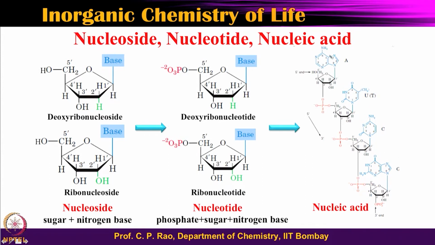We do not call this a side chain in DNA terminology, we call it a nucleic base. But the main chain is the sugar, phosphate, sugar, phosphate, sugar, phosphate. So, by virtue of having the ribonucleoside, you will have RNA, and by virtue of having the deoxyribonucleoside, you will have DNA.